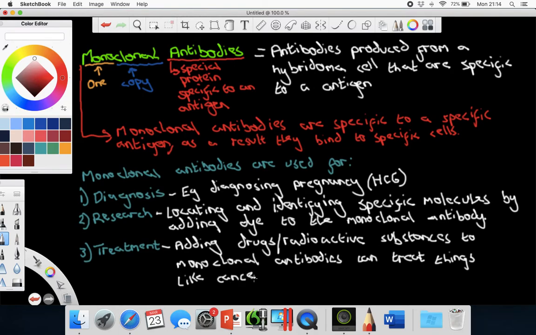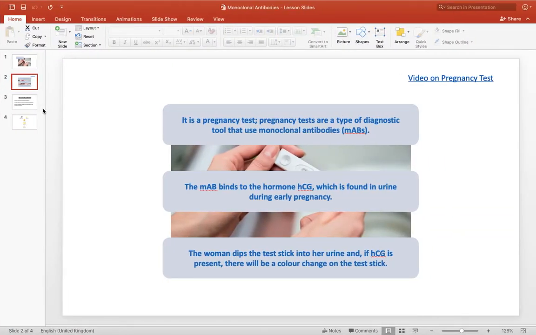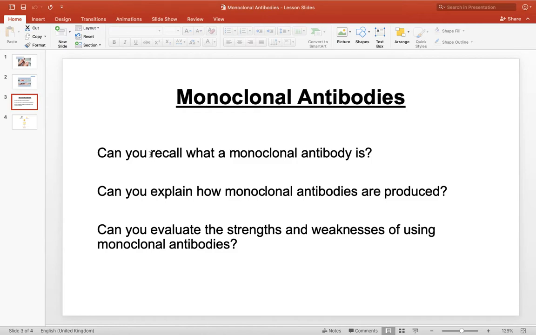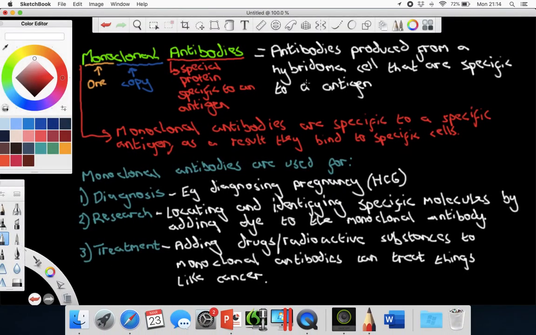So let's have a look back at our learning objectives and have a look at how far we've got through this lesson. You should now be able to tell me what a monoclonal antibody is and what we can use it for. So a monoclonal antibody is antibodies produced from a hybridoma cell that are specific to an antigen.